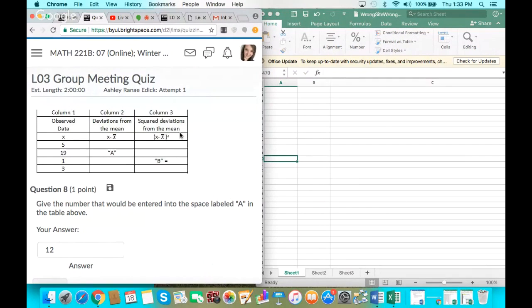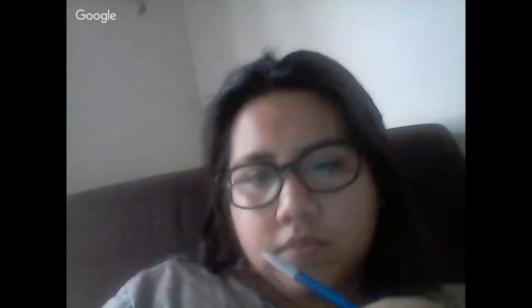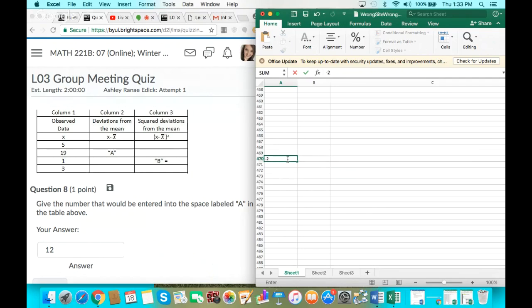What is it? 5 minus 7, so it'd be negative 2. Negative 2 squared is 4.